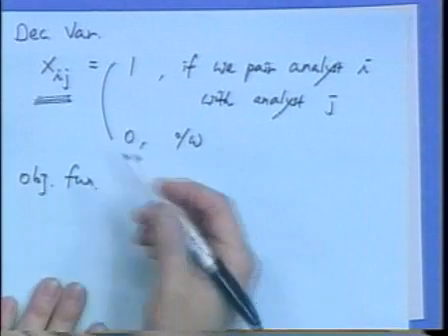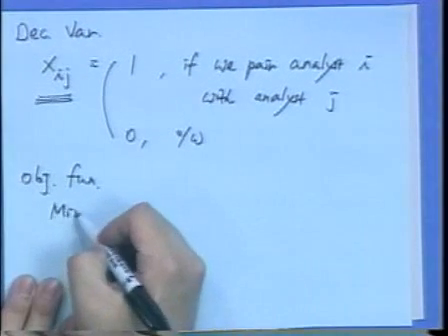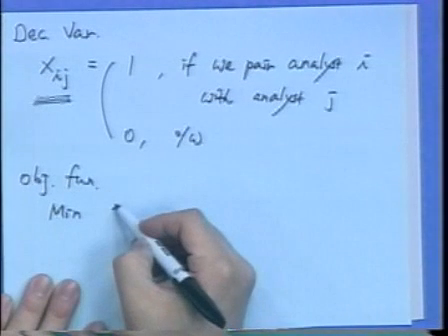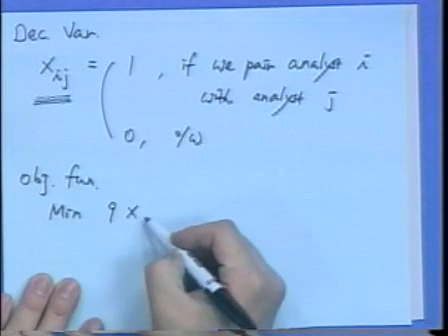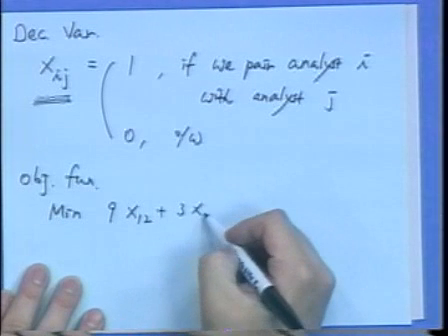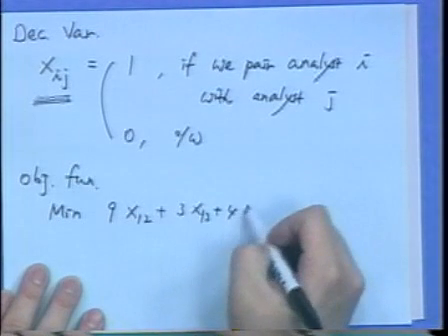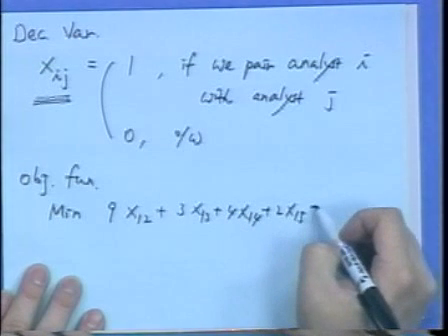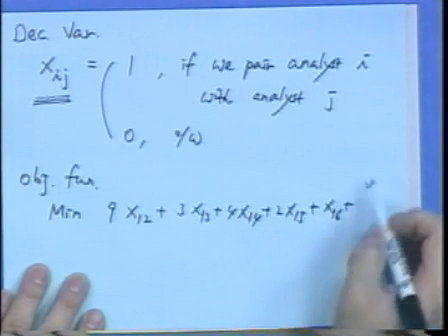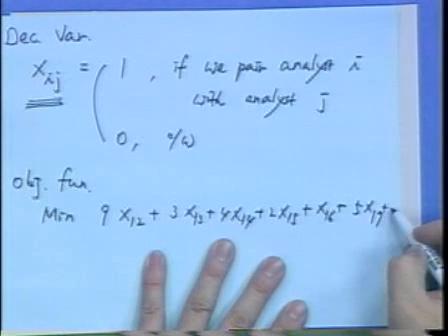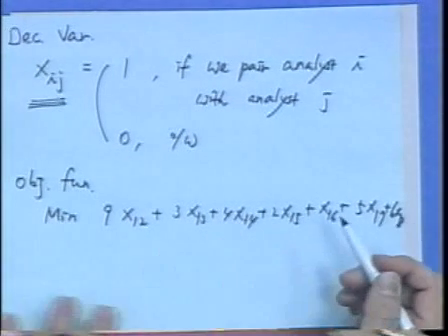It will be like this: minimize 9 times x12, 3 times x13, 4 times x14, 2 times x15, x16, 5 times x17, 6 times x18, right?